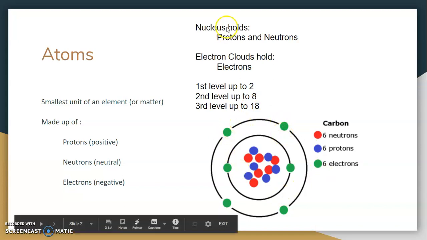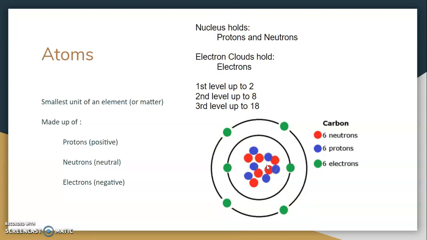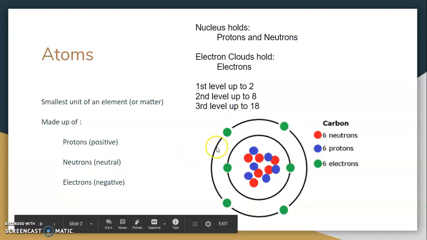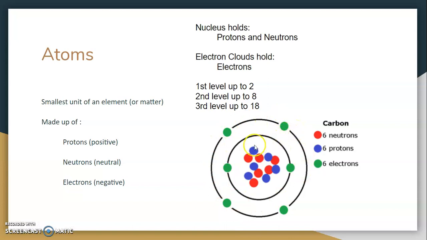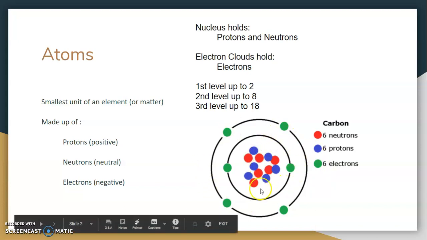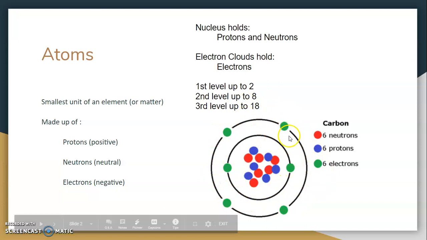Moving on, in the center, this is what we call the nucleus, and the nucleus is made up of protons and neutrons. So as we said before, protons are positive, neutrons are neutral, meaning that they have no charge, and electrons, found in the electron shell or orbital or cloud, have a negative charge, okay? And we also talked about that most of the time, the number of protons in the nucleus is going to equal the number of electrons in the electron cloud.